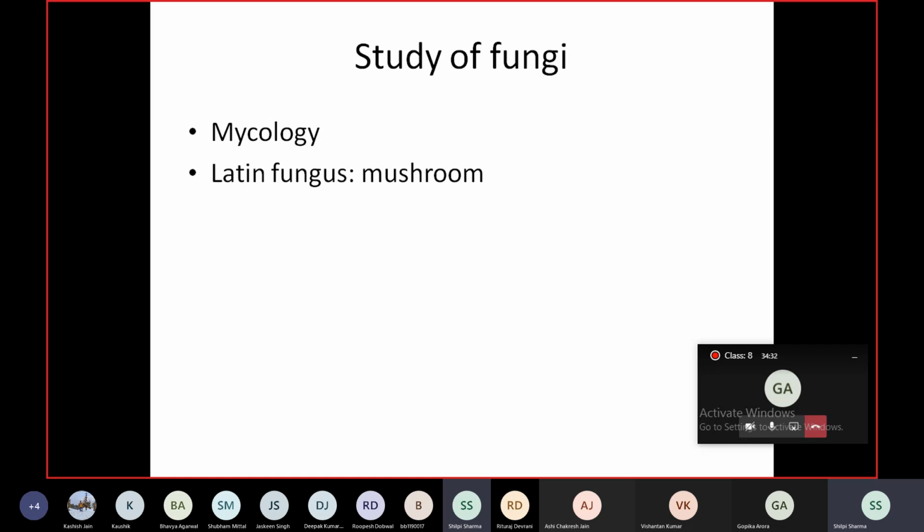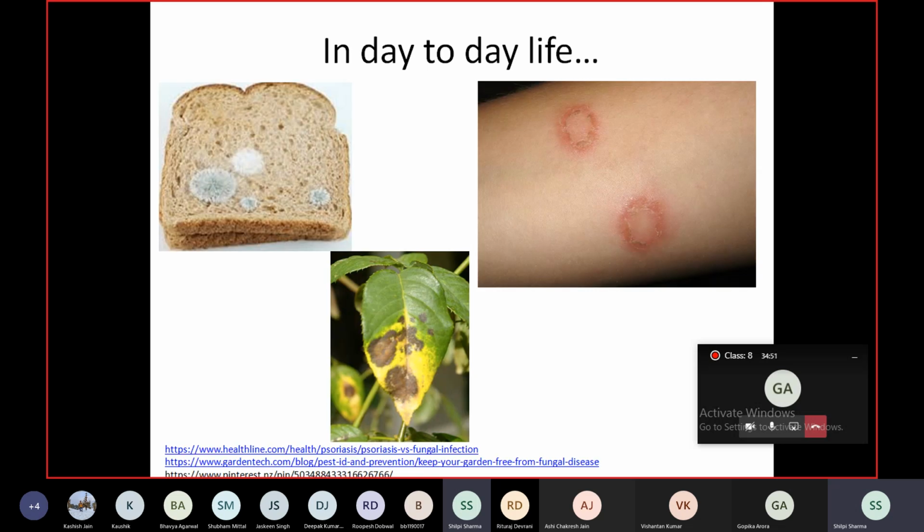So the most important distinguishing feature of fungi is that they are non-photosynthetic and they have a rigid cell wall. Mostly they are saprophytes, as Gopika said, that they derive their food from dead and decaying organic matter.